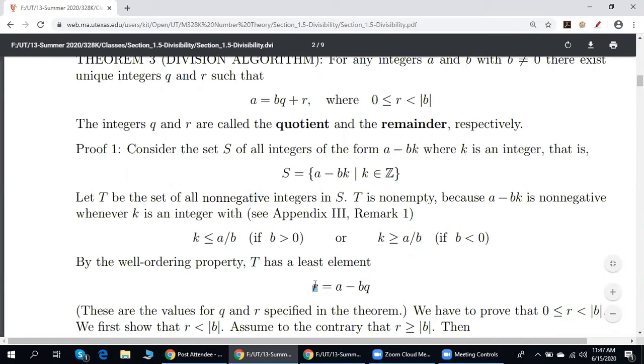So R is non-negative. R is greater or equal to 0.